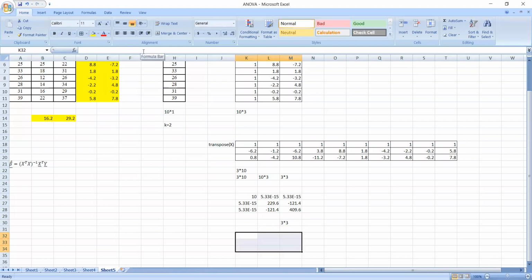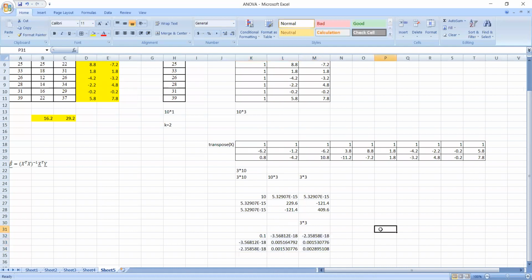I select the area with 3 rows and 3 columns, select the function matrix inverse, select the matrix whose inverse I want to calculate, close brackets, press Ctrl Shift Enter, and then you get the inverse matrix. This is the X transpose X inverse matrix.